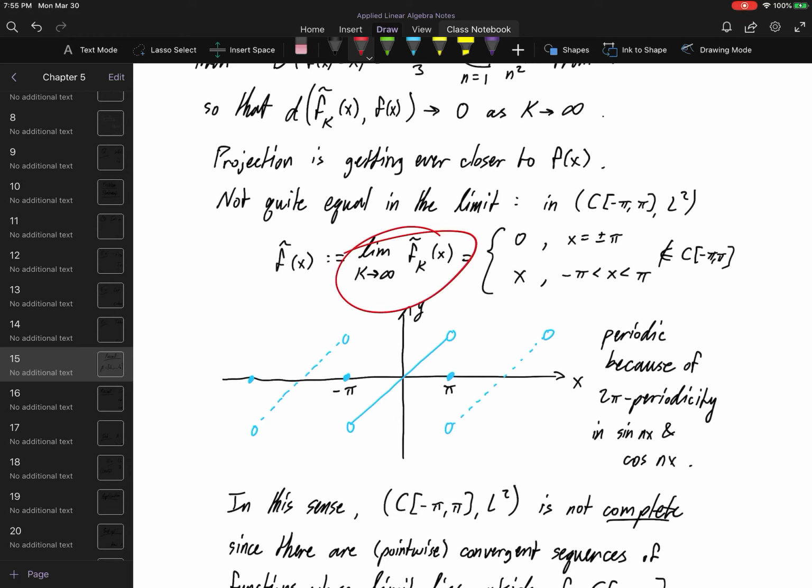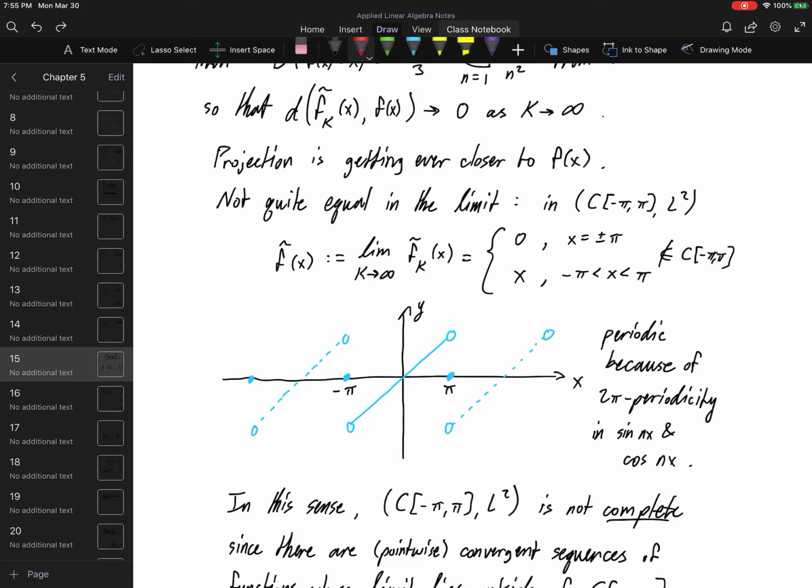So the limiting function of these approximations is actually discontinuous, because it needs to be periodic, since I'm using periodic functions as my approximators. So instead of just getting y equals x, I have to repeat that over and over along different 2 pi long intervals outside of minus pi to pi.